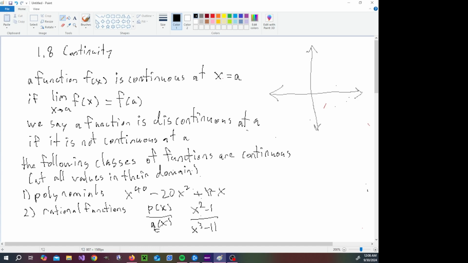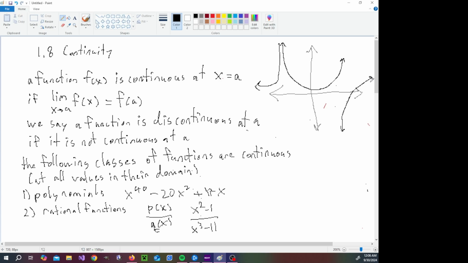And oftentimes they will have asymptotes. This does not match this function at all, but I'm just making up some rational function. It could look like this. Something like that.